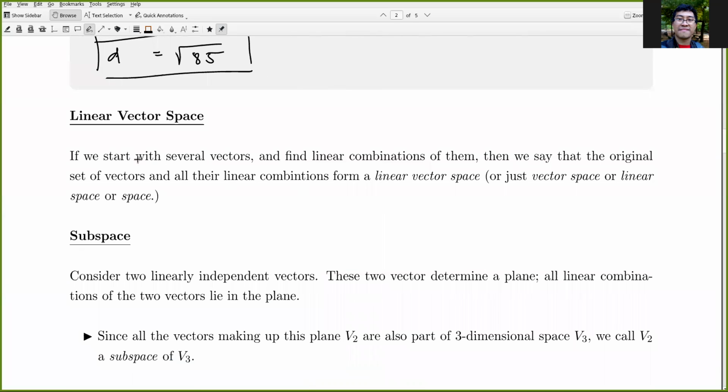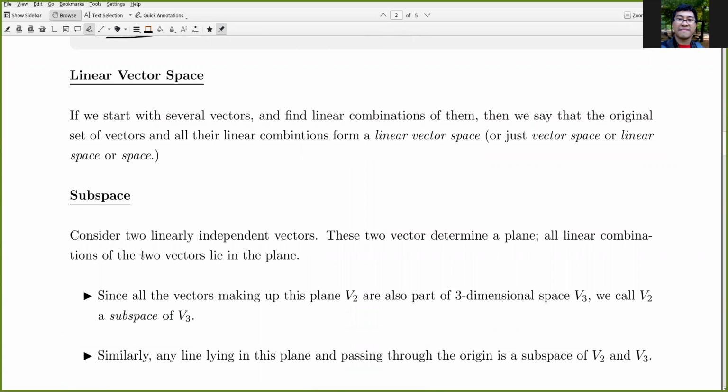If we start with several vectors and find linear combinations of them, then we say that the original set of vectors and all their linear combinations form a linear vector space. Sometimes you can also call it just vector space or linear space or simply space.